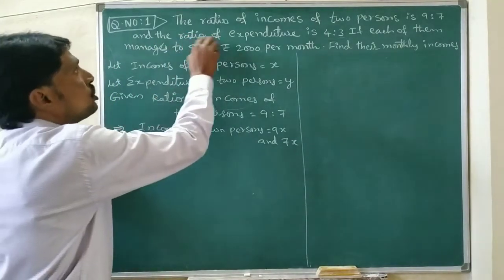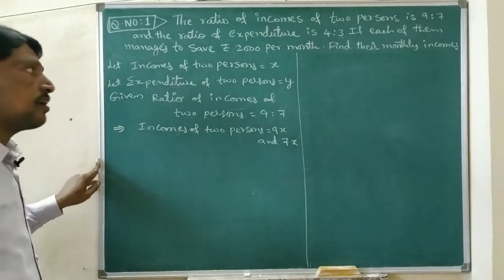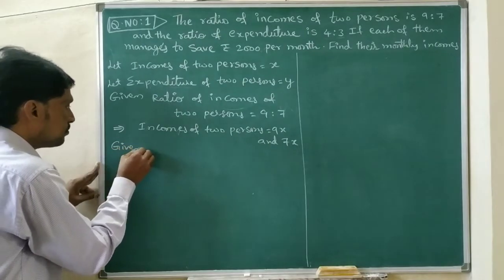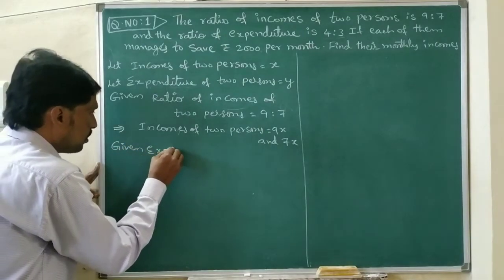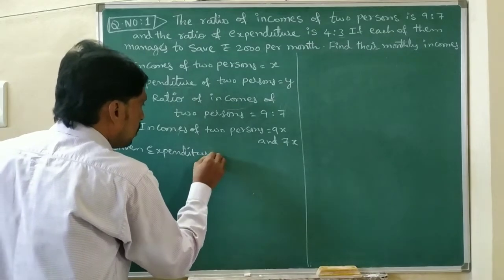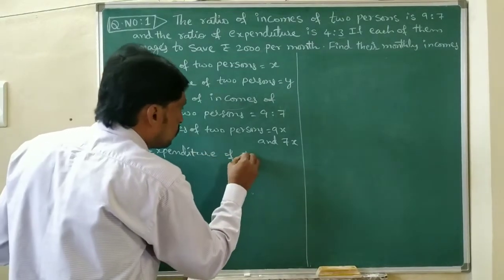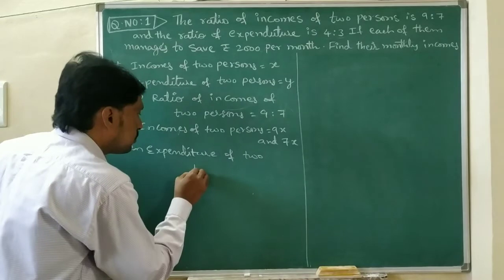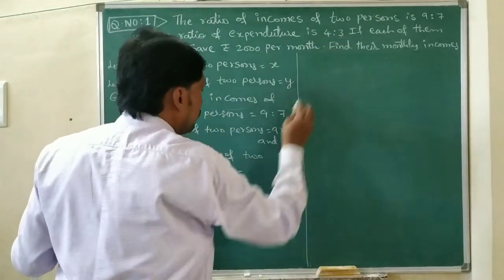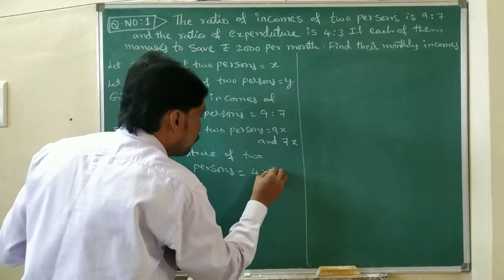Also given here is the ratio of expenditures of two persons, that one also you have to write. Given: expenditure of two persons equal, how much is given? That is 4:3.